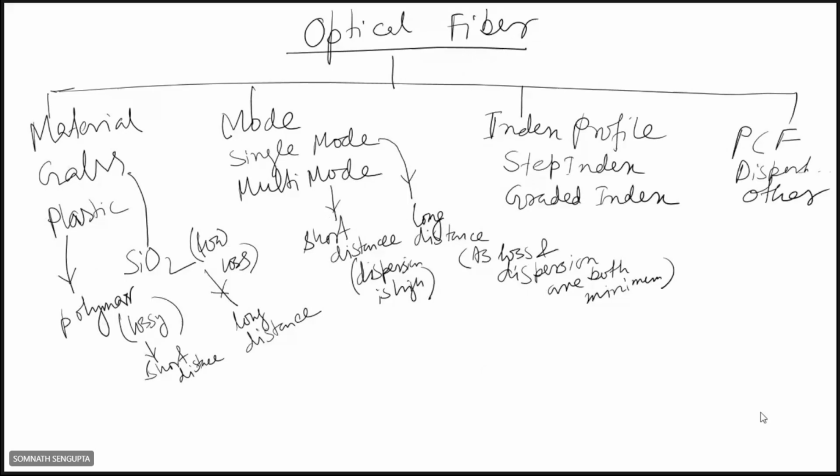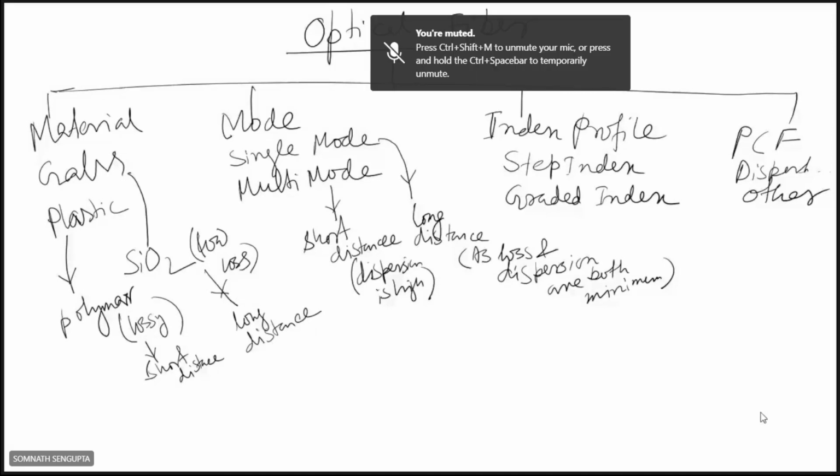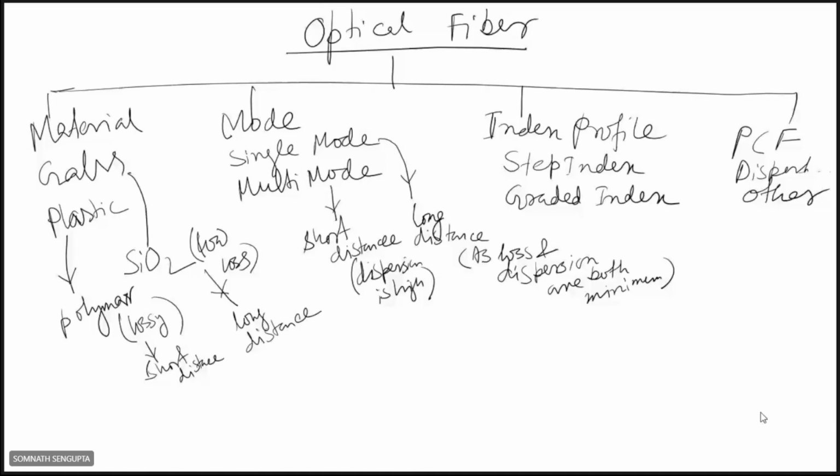Then we discussed what are the different types of optical fiber. So there are different classifications based on material, based on mode, based on index profile, and then other types of optical fibers like photonic crystal fiber, dispersion compensating fiber.